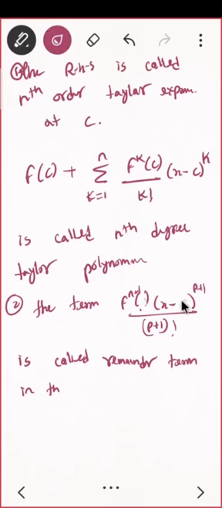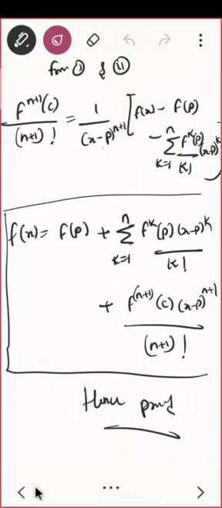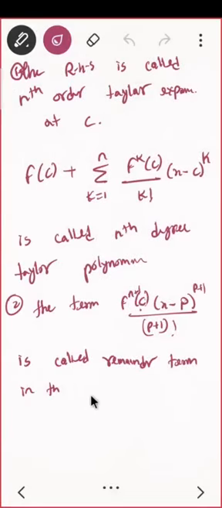This is P and this is C, correct? Am I correct now? Yes. So this is called the remainder term in the Taylor expansion.